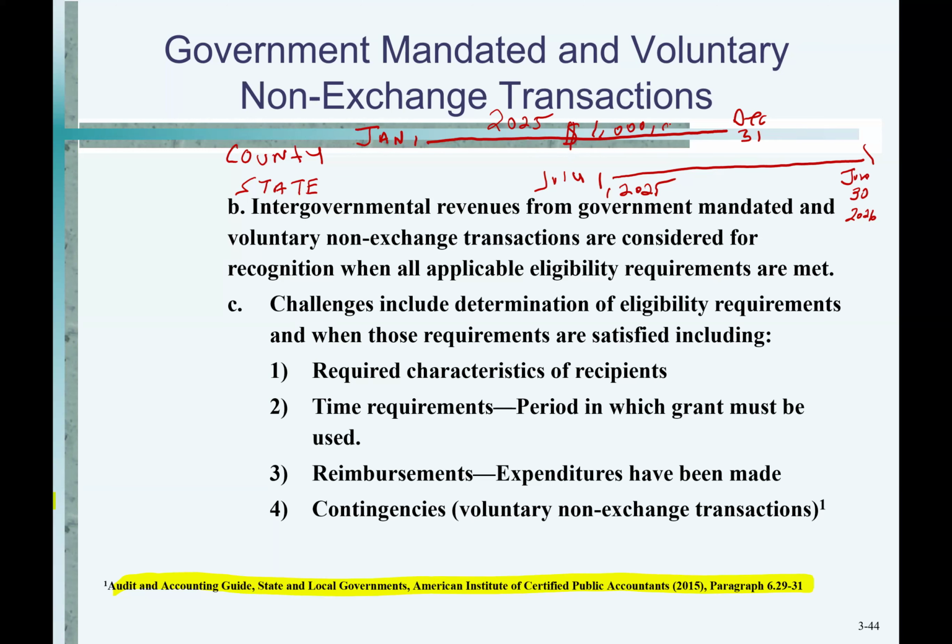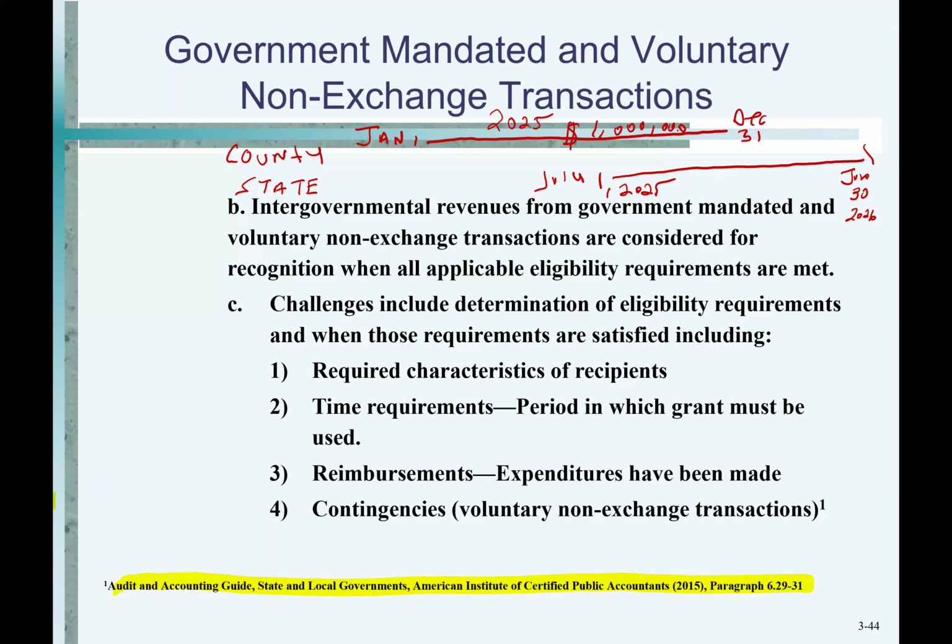Now, the county is going to use that $1 million, and they're going to use it July, August, September, October, November, December of 25, January of 26, February 26, because they're still within the state's fiscal year. So they're still within the requirements of what the state is saying. But some of that money's getting used in what? In the next fiscal year, 26 of the county.